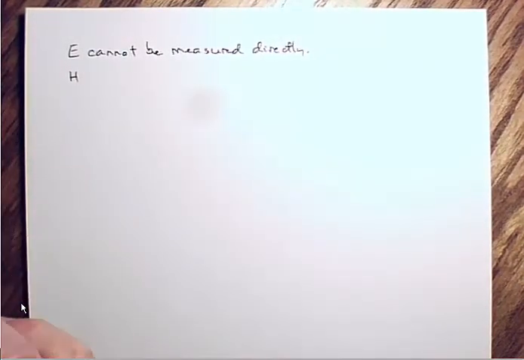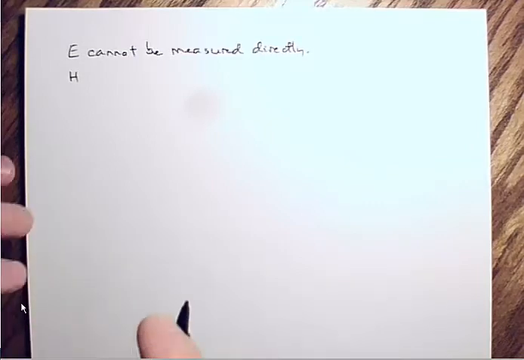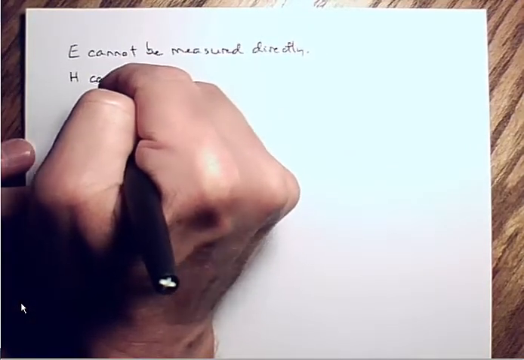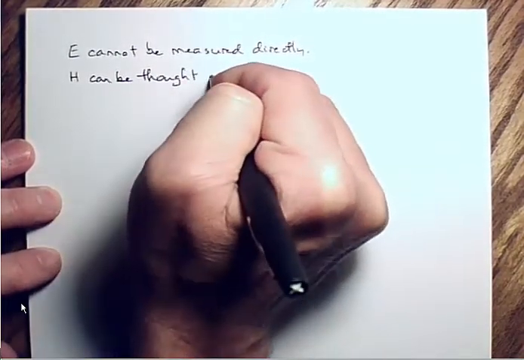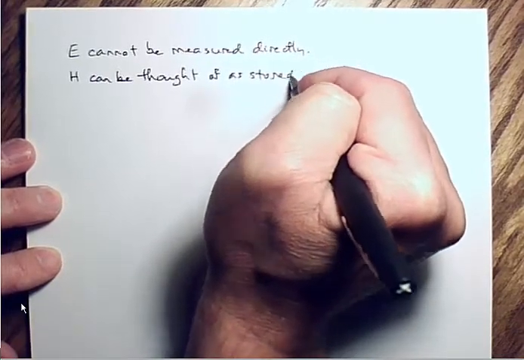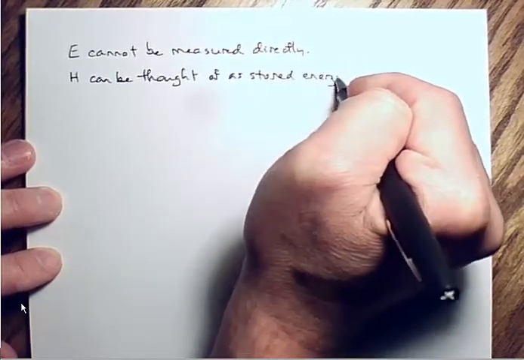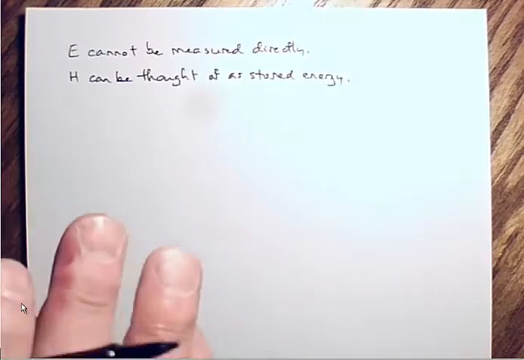We're assuming for this rudimentary beginning understanding that enthalpy is stored energy. And since energy can't be measured directly, enthalpy cannot be measured directly either. It has to be measured through some change. And that's what a lot of our calculations are all about.